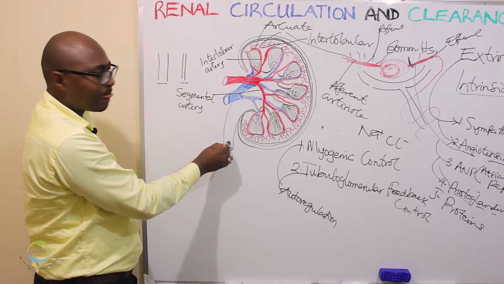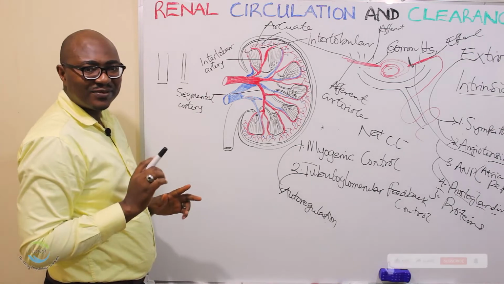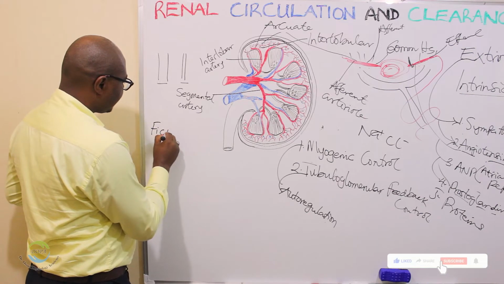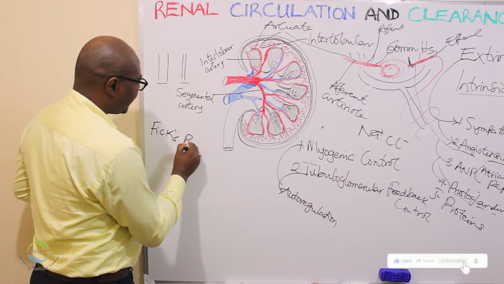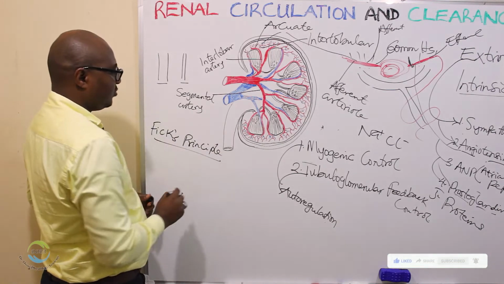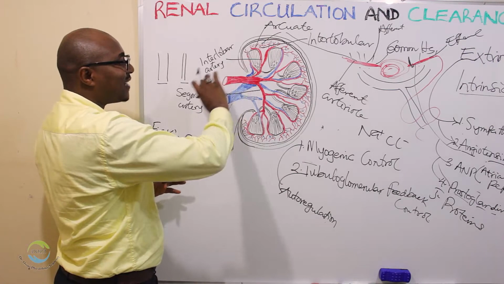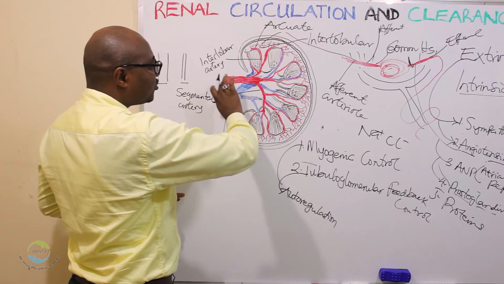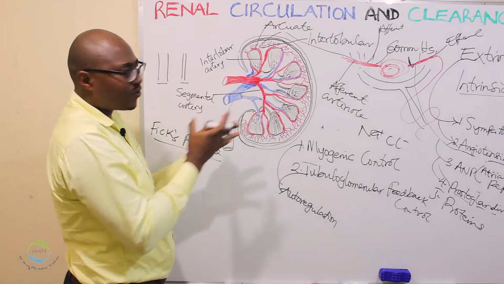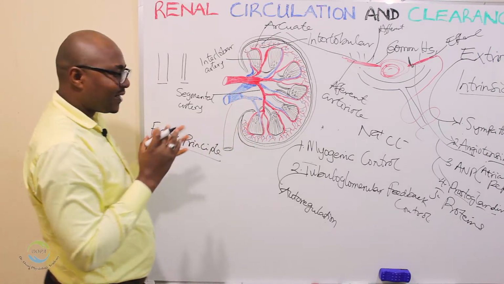This is the ureter. Okay? That principle, what I just mentioned, is called Fick's principle. So it applies provided that the substance you are introducing is not changed, not transformed. That means it's not metabolized.